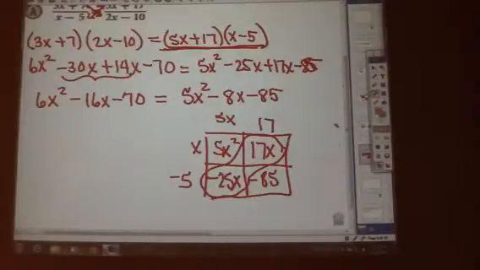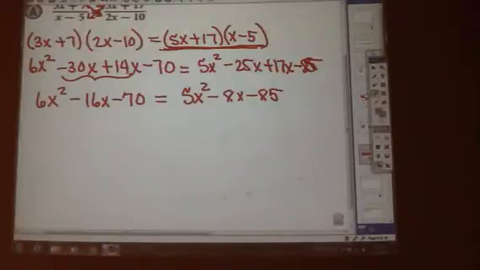Okay, now that we have that, we're going to move everything to one side. So I'm going to take all of this and move it over here. I would subtract 5x squared from this side, which would give me x squared.